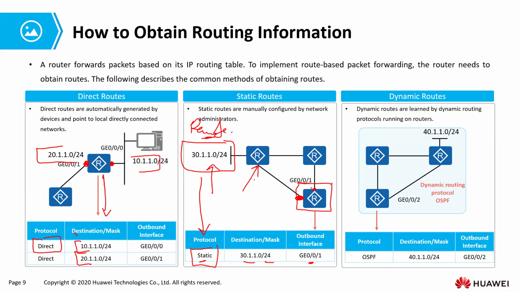Number 3, routes that are learned by what we call dynamic methods. Dynamic routes use protocols, which update our routers over time. An example is OSPF.